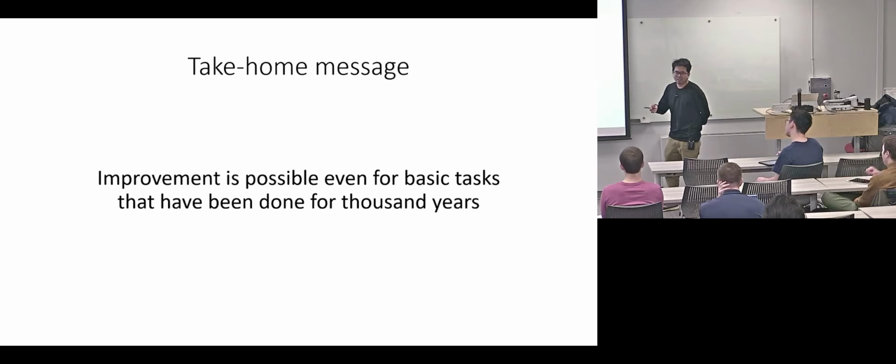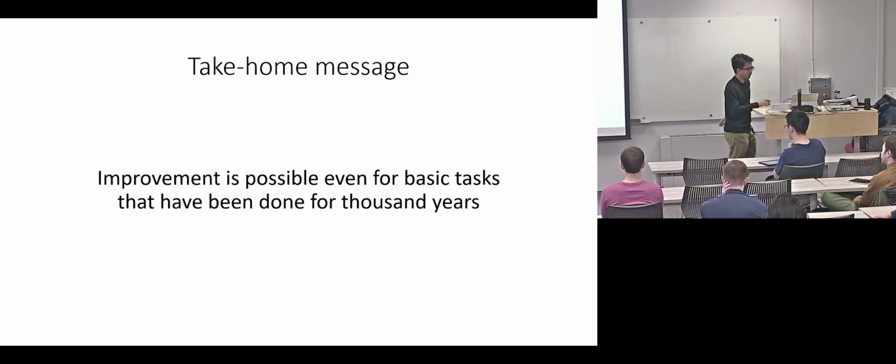Even recent improvement is possible, just 5 years ago, even for tasks like multiplication. Throughout the class, I will try to point out open problems that you can hope to improve.